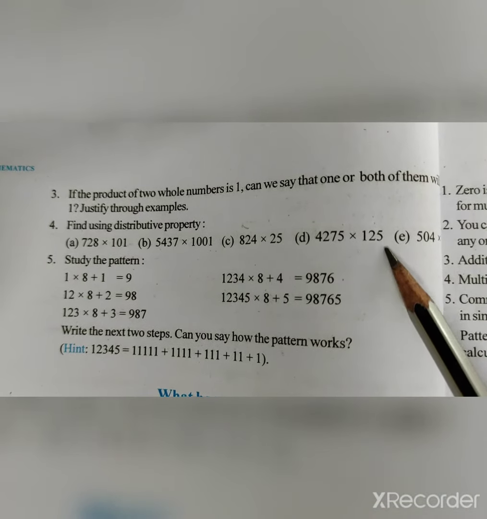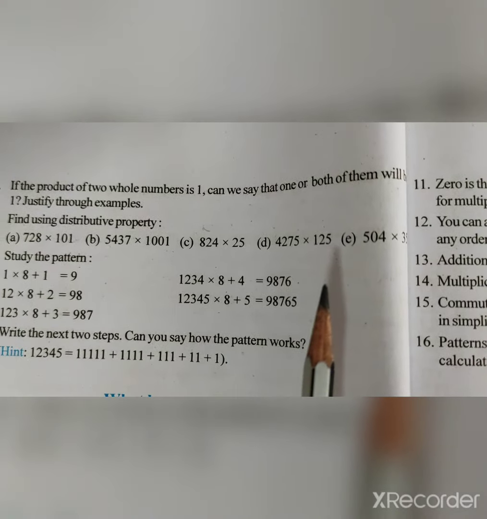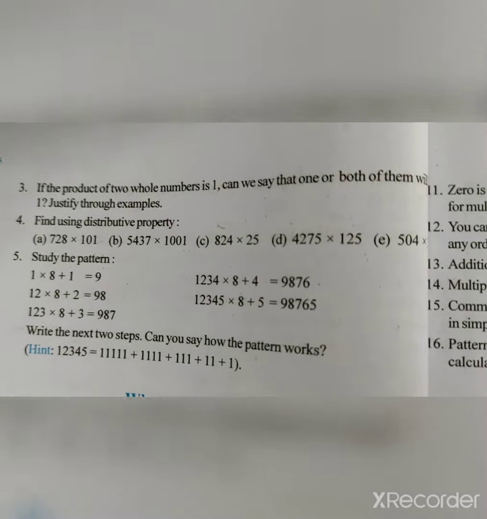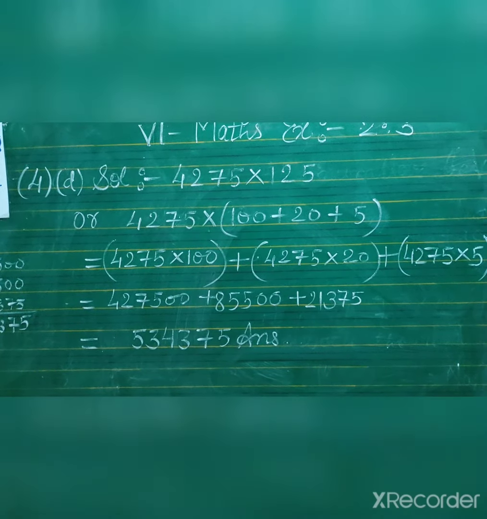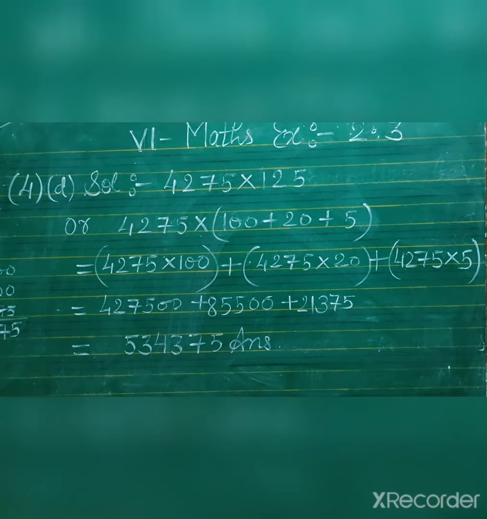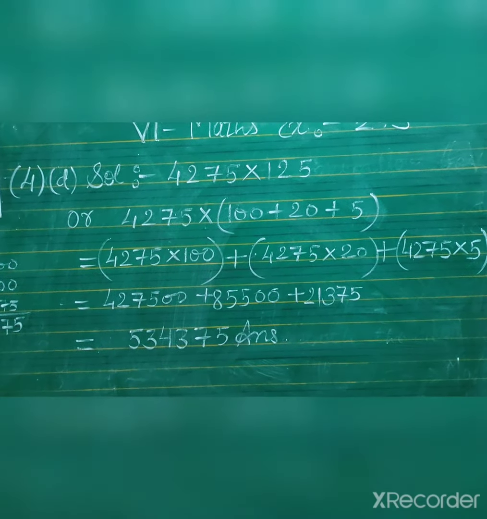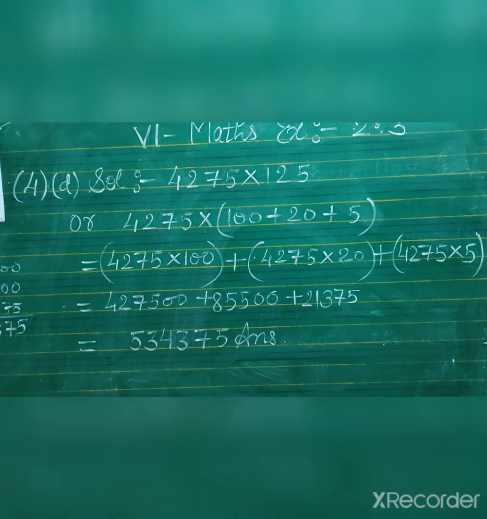Now D is 4,275 into 125, but E you will solve yourselves. 504 into 35. So 30 plus 5 you can write and then you can solve. So I am solving this one for you. Now see here, 4,275 into 125. 125 we can write 25, already we have written in the previous question, 20 plus 5.